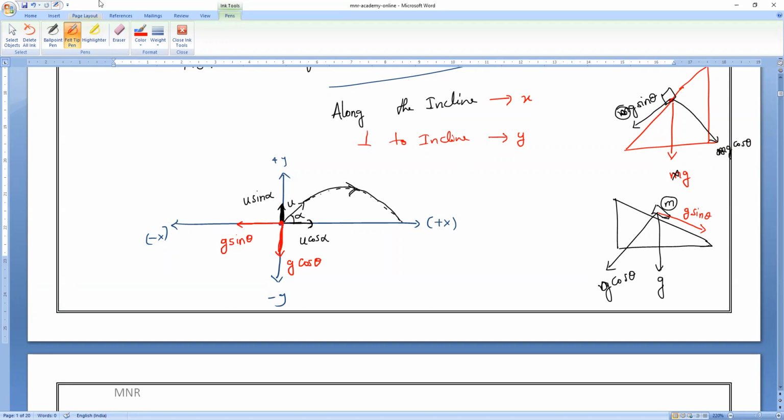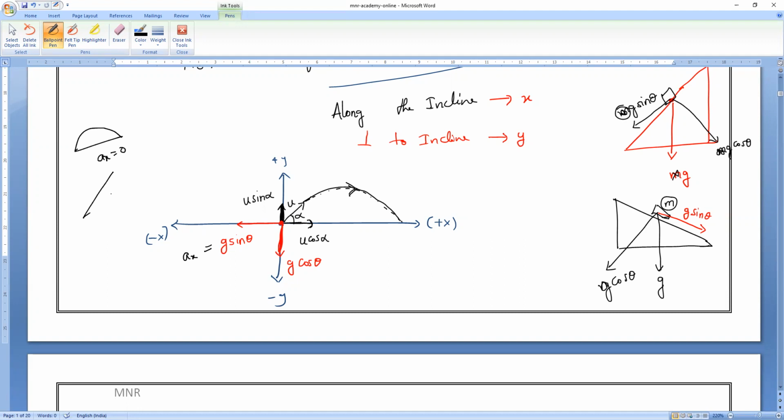By this time you might have guessed: in an inclined plane, acceleration in the x-axis, zero or not zero? Not zero. Understand? In ground to ground, acceleration is zero in the x-axis.